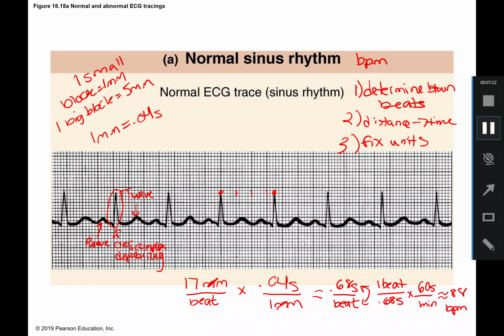So that is how you look at both the intervals and the heart rate. And both of those things are going to tell us something about cardiovascular function. If a particular interval is too long, then maybe the signal is getting stuck somewhere in the intrinsic conduction system.